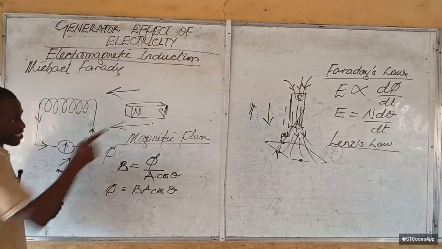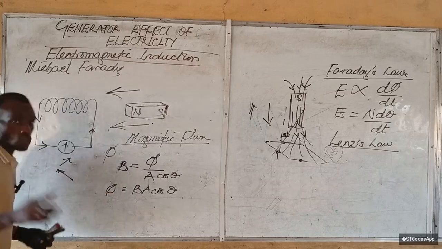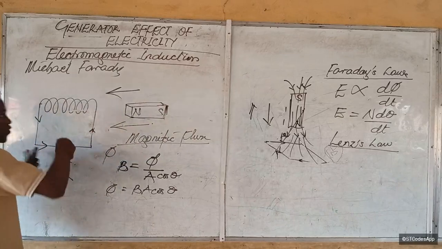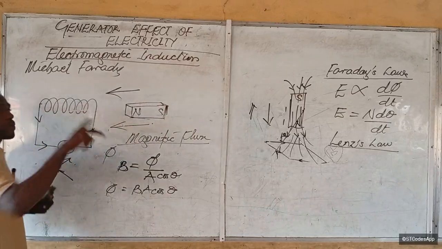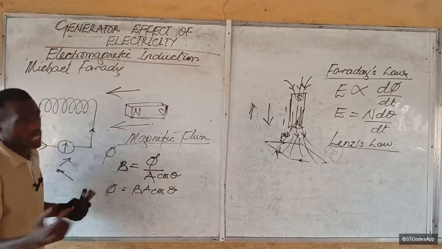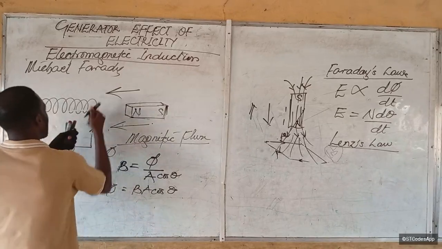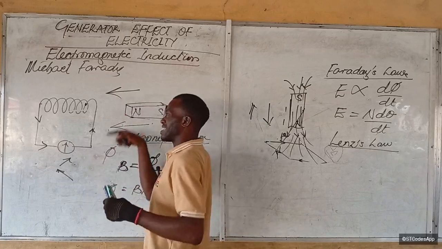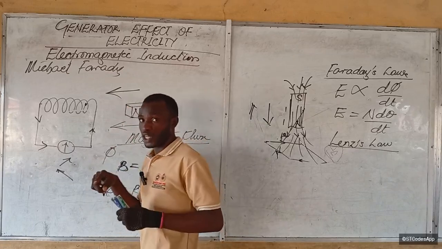So let's see if that law has actually been proven. As this magnet comes in this direction, current is flowing here. This coil will become a magnet, we know, since the current is flowing through it. If current is flowing through it, then if you look from this side, current is going to be flowing in the anti-clockwise direction. Do you remember?